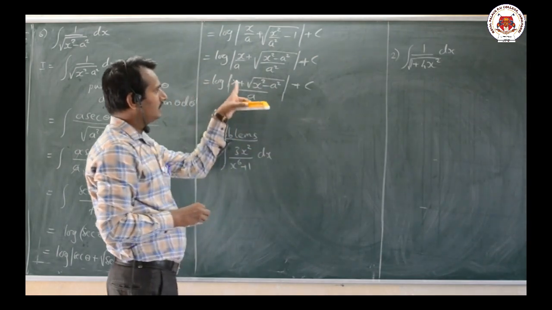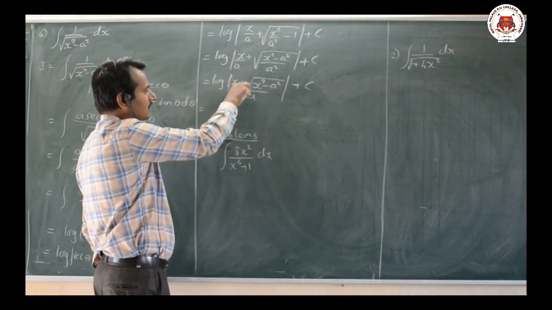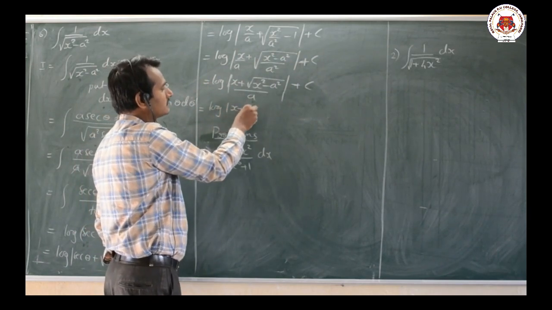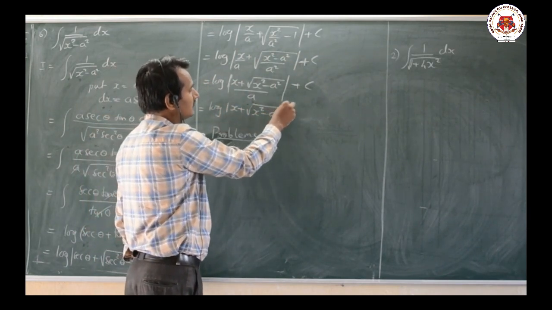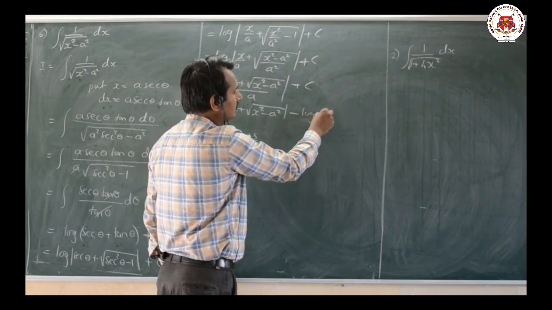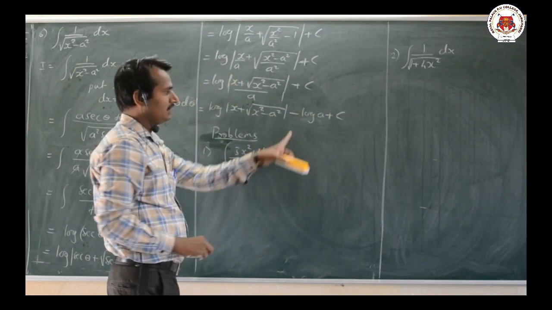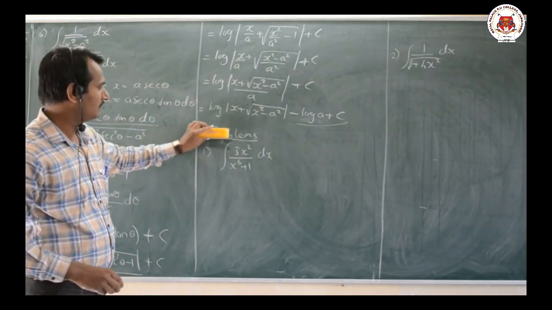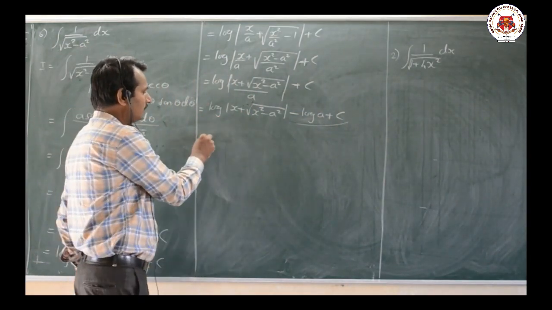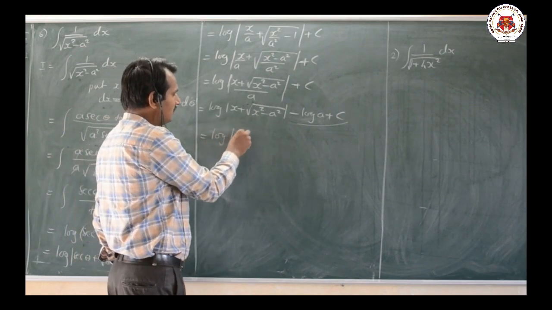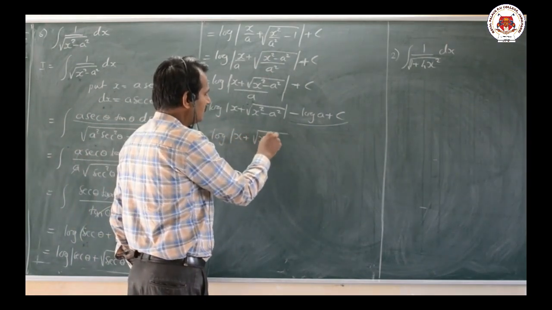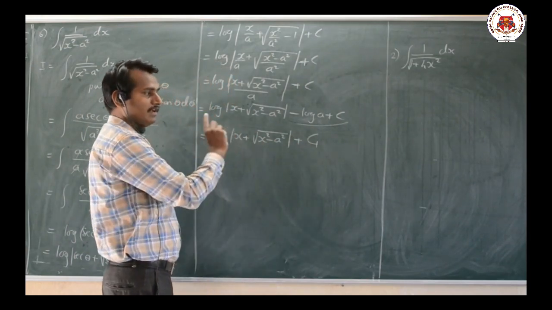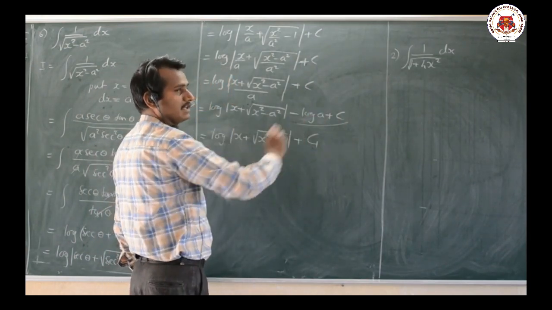Now log a by b means log a minus log b, so that is log of x plus root of x square minus a square, minus log a, plus c. Now this whole thing I will take as an integral constant c. That means we get log of x plus root of x square minus a square plus an integral constant c, where c means minus log a plus c.